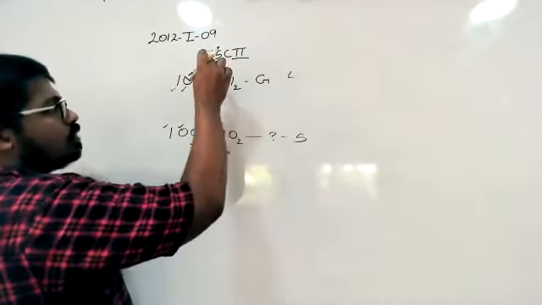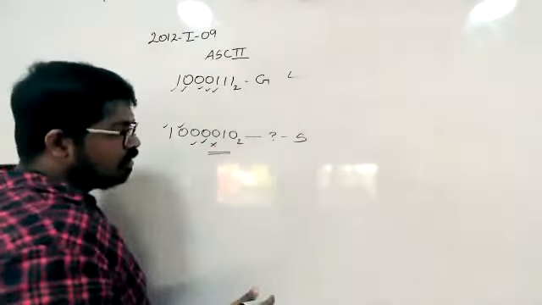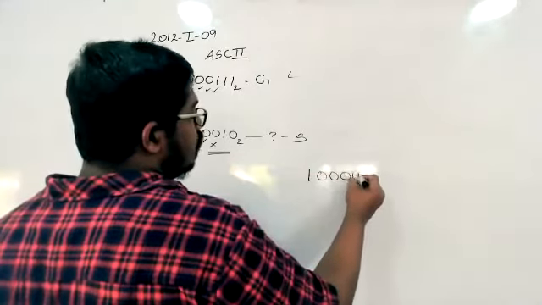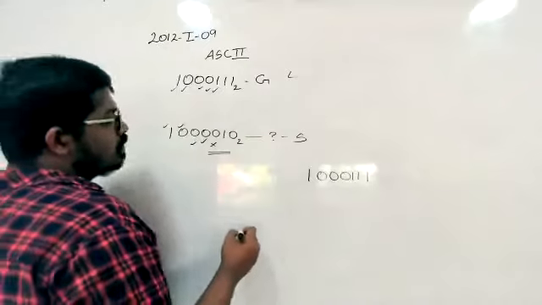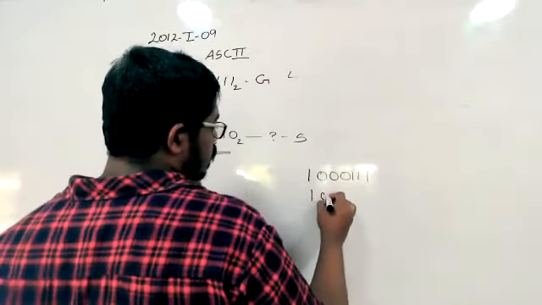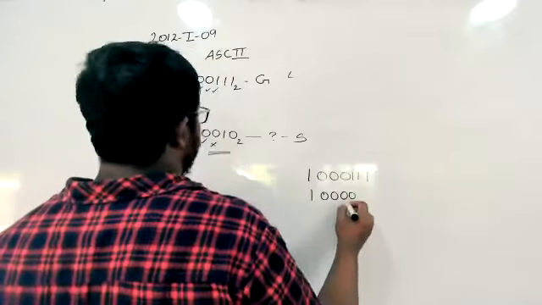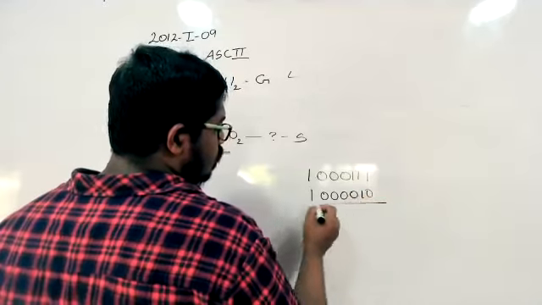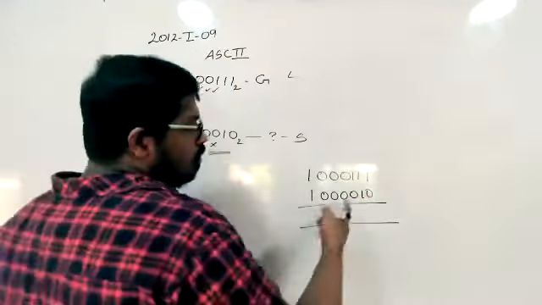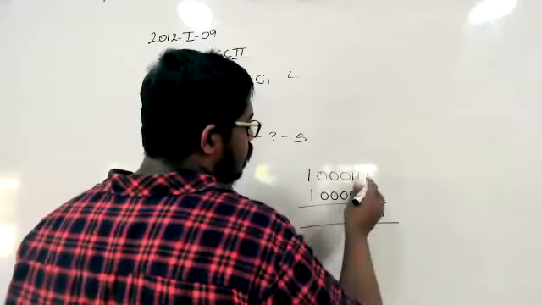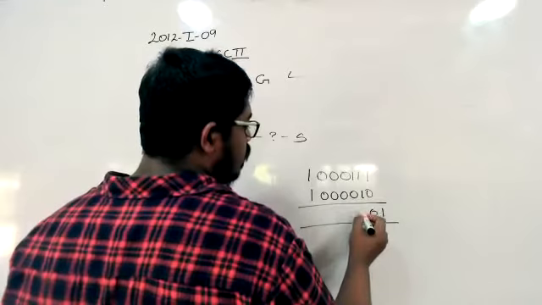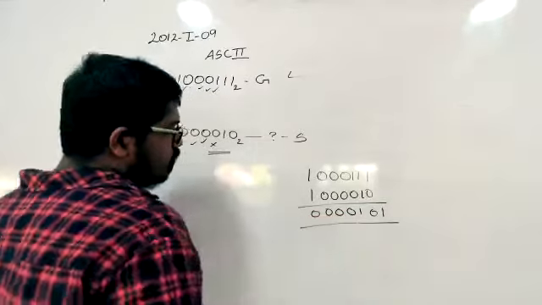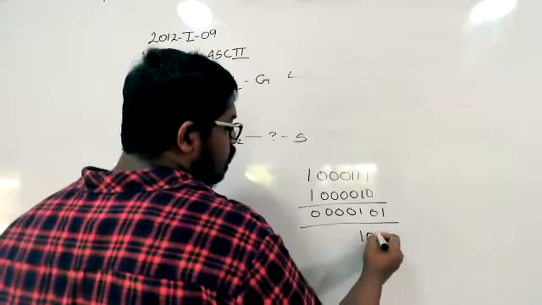So I am going to subtract 1000010 from 1000111. 1 minus 0 is 1, 1 minus 1 is 0, 1 minus 1 is 1, then 0, 0, 0, 0. So your answer will be 101.